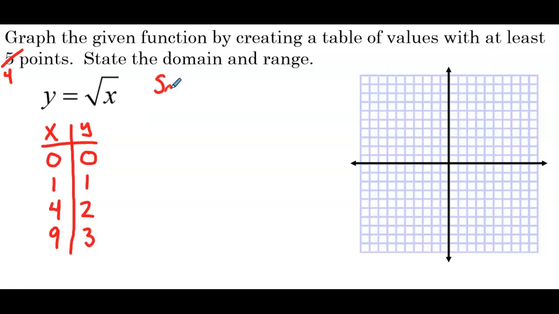And this is the square root function, to give it a label. Okay, so we have 0, 0, 1, 1, 4, 2, 9, 3. So we connect our points, and there we have the graph of y equals the square root of x.